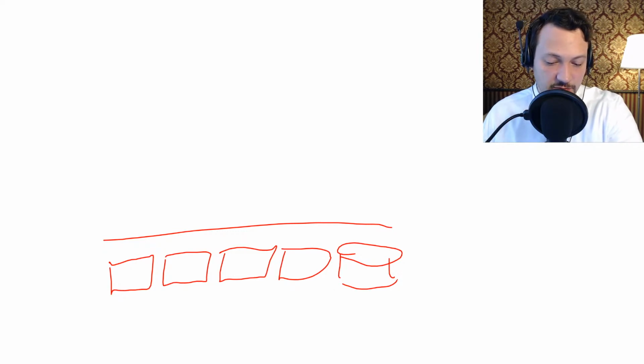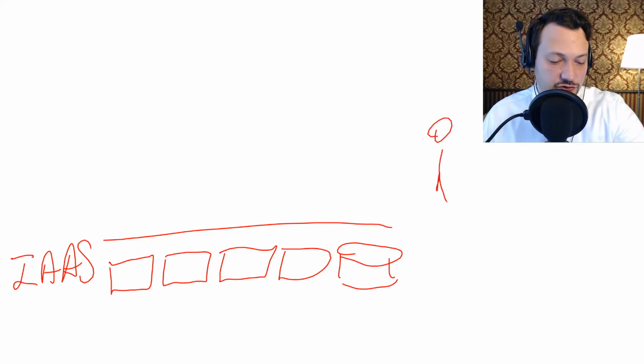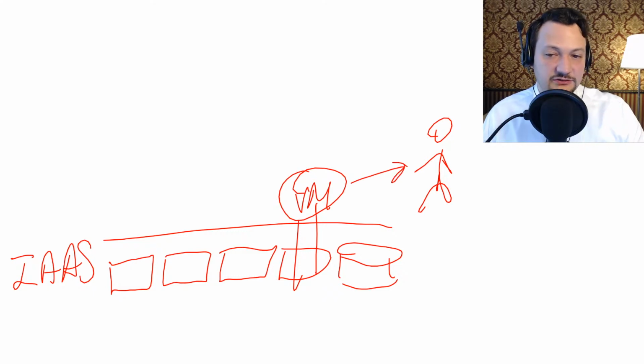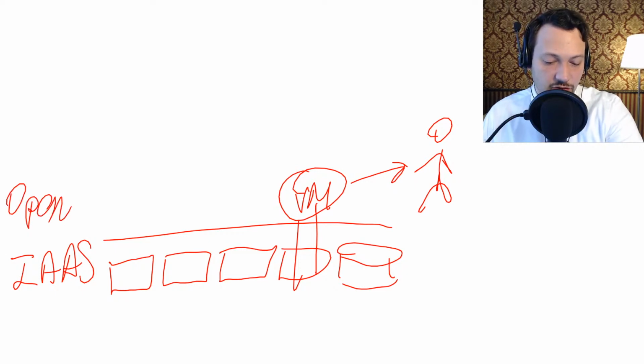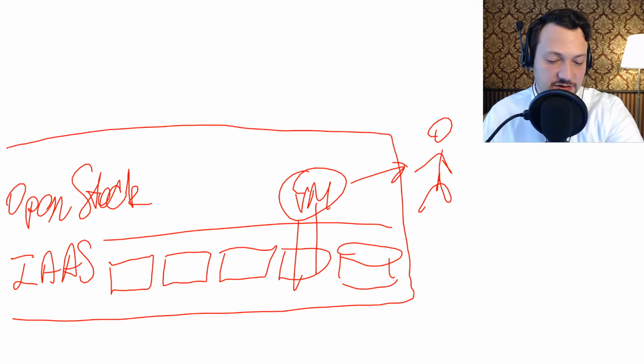So I want them to become infrastructure as a service, so my users would be able to launch virtual machines on the basis of these data center resources. Then I would install and deploy OpenStack here. Great. Now my OpenStack-based solution is an infrastructure as a service cloud for my users.